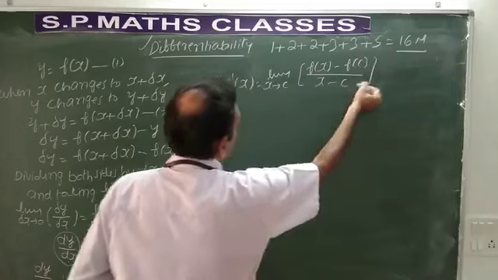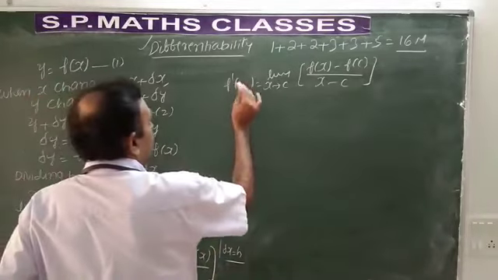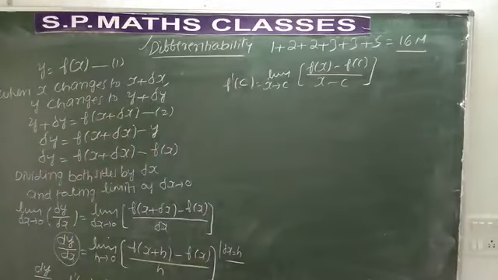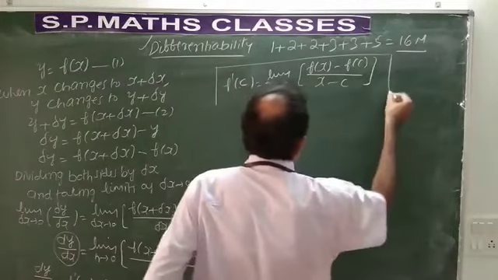This is another way of expressing the derivative of a function, dy by dx. It can be written as f dash of c, equal to limit as x tends to c, f of x minus f of c divided by x minus c. So this is another way of expressing the derivative of a function.